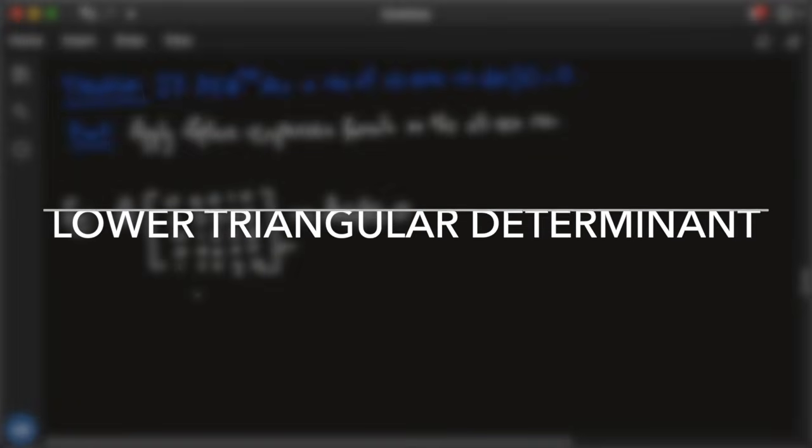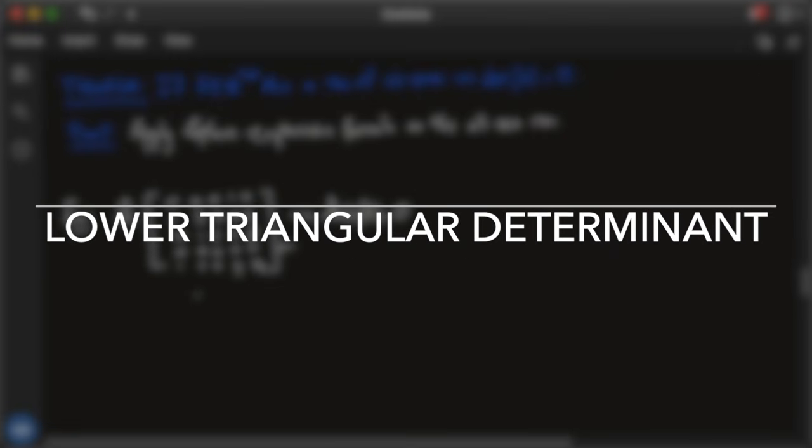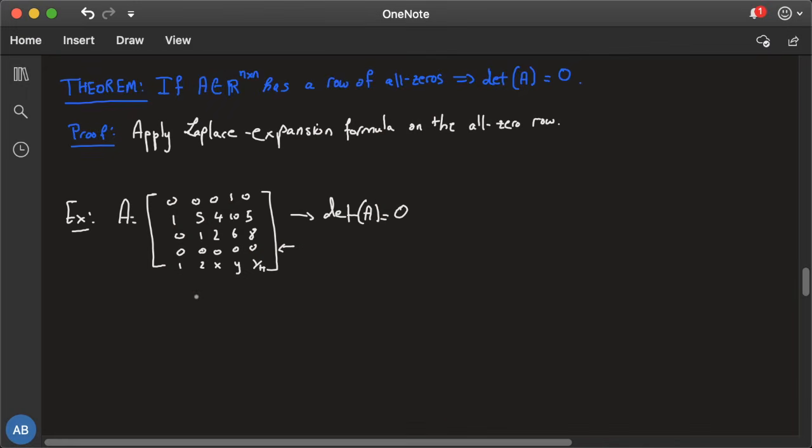Now another determinant that is very easy to evaluate is that of a lower triangular matrix, or an upper triangular one, right? Because the determinant of A is the determinant of A transpose. The lower triangular matrix, let's say L, is of the following form. So A11, then all zeros, then A21, A22, then all zeros.